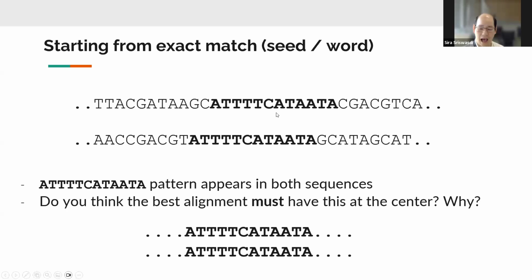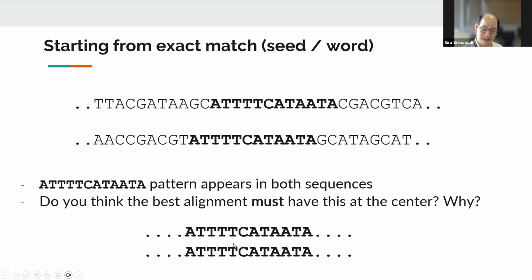If I ask you to align the top and the bottom sequence, some of you might have an intuition that the best alignment probably has to align these two bolded regions together, because they are perfect matches, and they consist of more than 10 nucleotides.